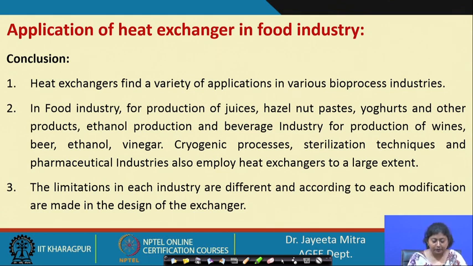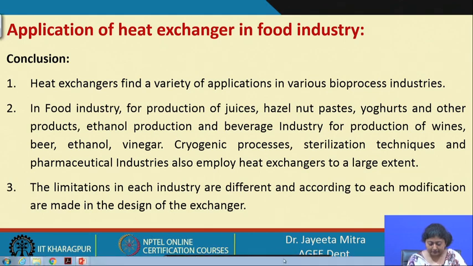Or else we can design a compact heat exchanger with fins, if we need to have one fluid and another air, in most cases. So those depend on the requirement, and based on that we can design.